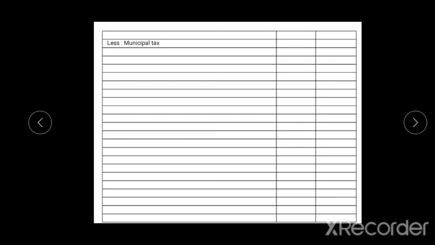So that amount we do not have to reduce. So here municipal tax will come as nil, or you can write exempt. Why is it exempt? Because it is paid by the tenant. It is not paid by the owner. After reducing this, what we will get? Net annual value. So net annual value will be 72,000.